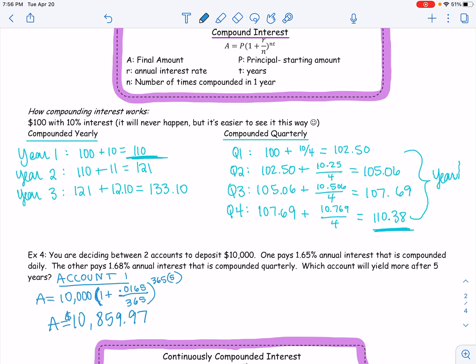So then let's check out account 2 and see if it's better or worse, because it's a higher interest rate, but it's compounded quarterly, not daily. So let's see. Account 2.